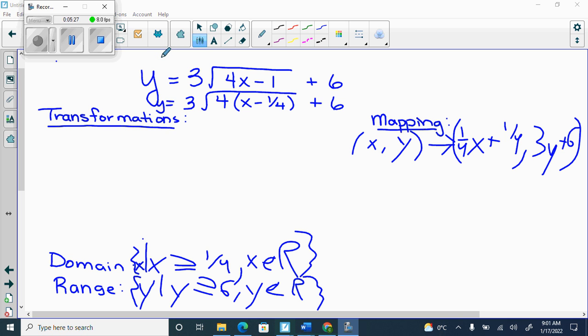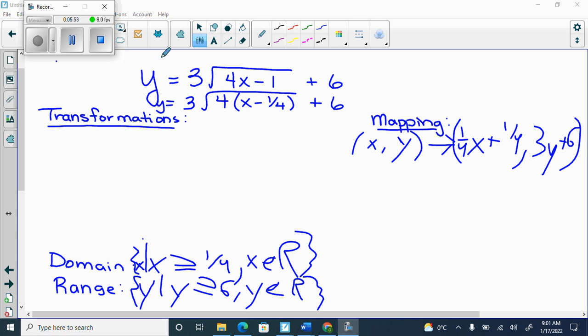Okay. Why is it x is greater than or equal to a quarter? Because the radical with no transformation is usually, I'm pretty sure, x is greater than or equal to 0. So the only thing that changes that 0 value for the domain is the horizontal translation, and same thing for the y.